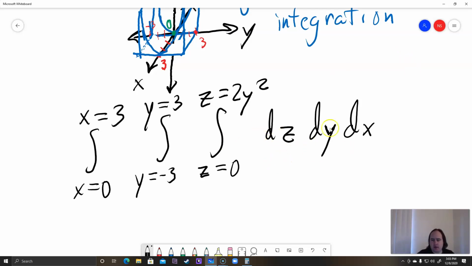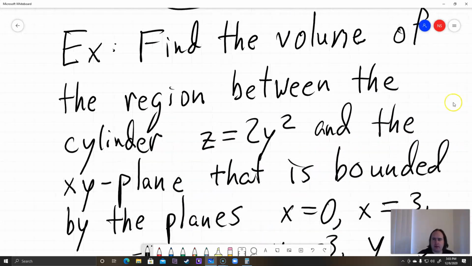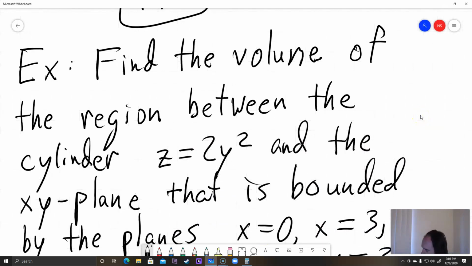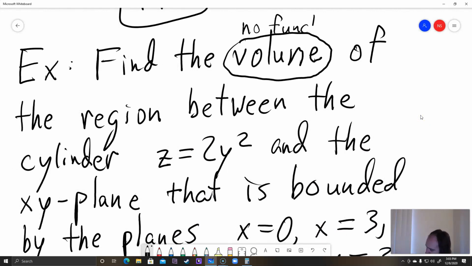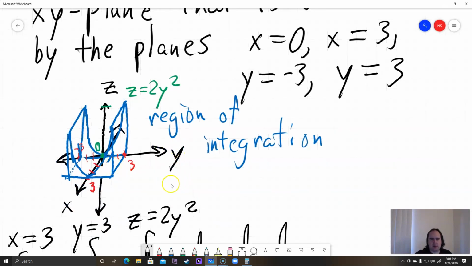Now you might be wondering, well, how come there's no function in here? Well, actually, when they ask for volume, usually there's not going to be any function. So if you want to find the volume of something like this, you don't even need a function. You literally just need to set up your triple integral.